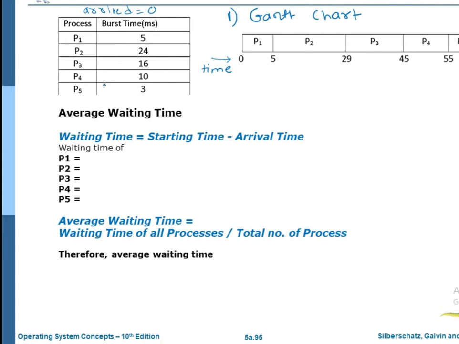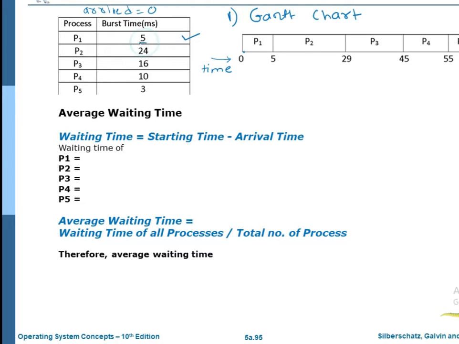What is our criterion in first come first serve? We serve first the process which arrived first. So first we pick P1 and start executing. At time 0 P1 starts executing, and as it is a non-preemptive algorithm, until it finishes it will not release the CPU.